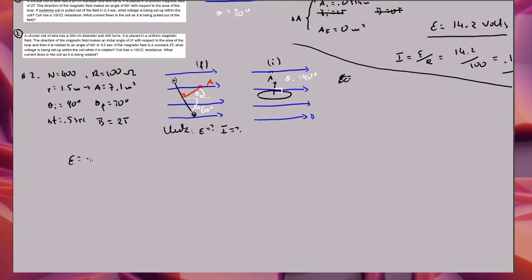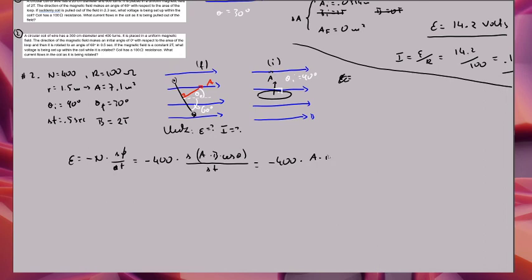So EMF equals minus n times the change of the flux with respect to time. That amounts to minus 400 times the change of A times B times the cosine of the angle theta, because that's the equation for the flux. This divided by the time, so negative 400 times. Well, what's changing is the angle; A and B are constant.